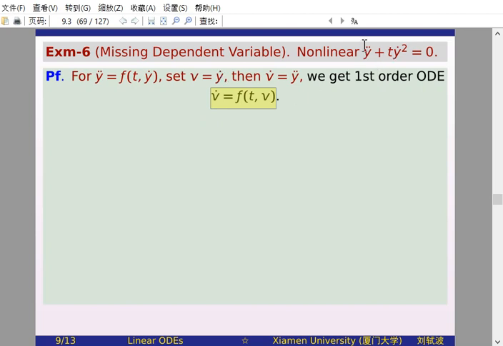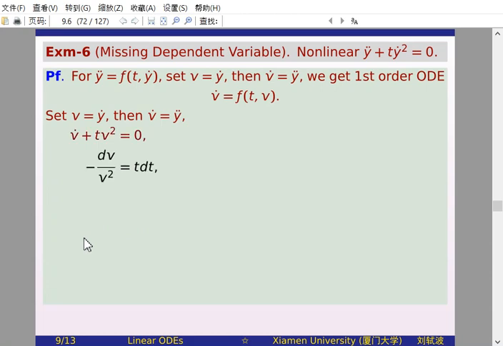So for our equation, we use this technique. Set v equal to y prime, then v prime is y double prime. So the equation we want to solve becomes v prime plus t v squared is 0. This is a first order nonlinear equation, but it is separable. We group the v on the left hand side and the t on the right hand side, and then integrate both sides.